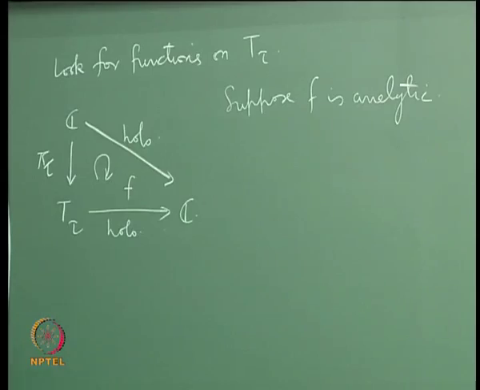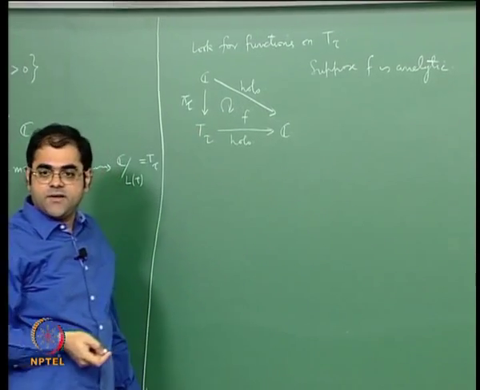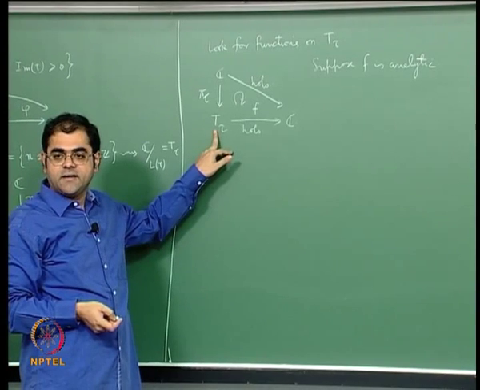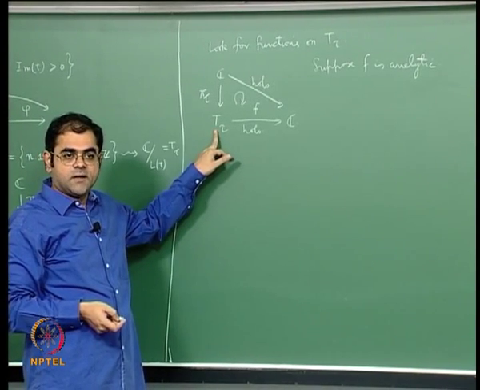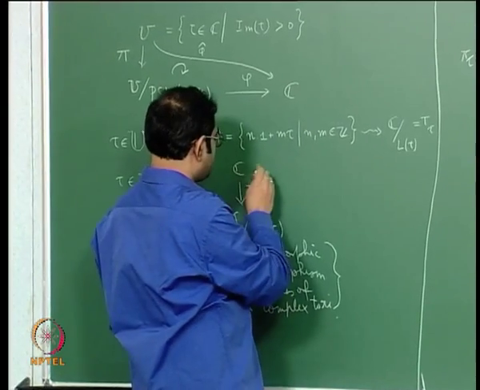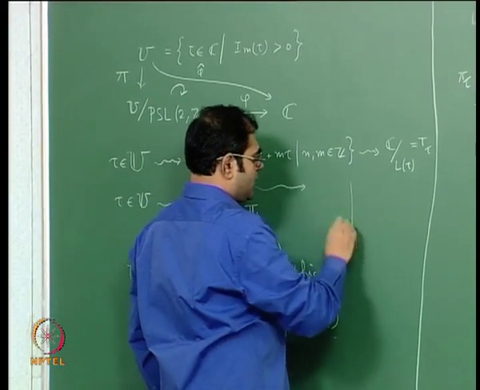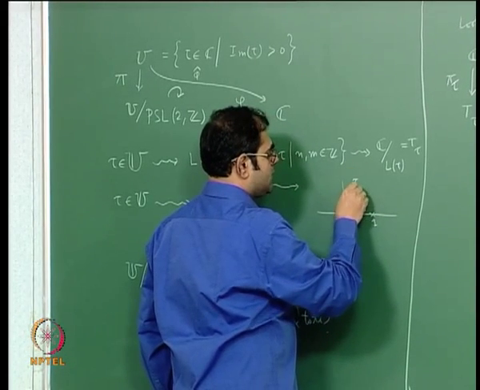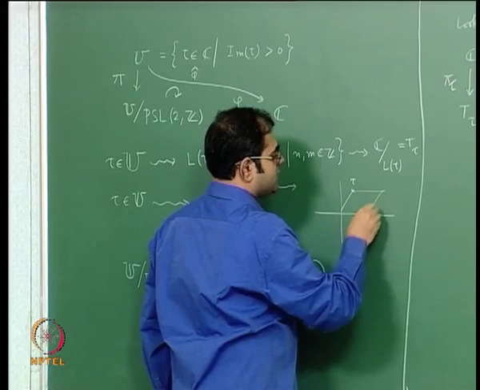That is because this torus is topologically compact, because it is the image of the fundamental parallelogram formed by 1 and tau. I have 1 here and tau there, and there is a parallelogram like this.